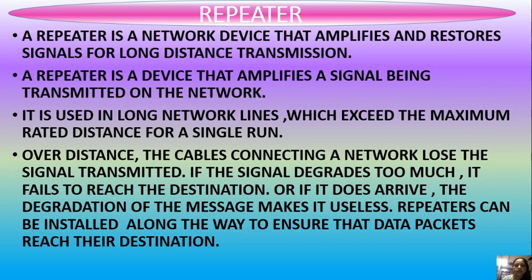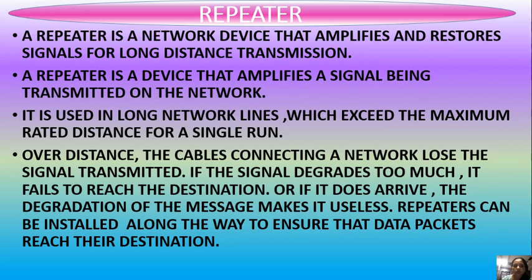Now again there are some points related to repeater. First, a repeater is a network device that amplifies and restores signals for long distance transmission. Second, a repeater is a device that amplifies a signal being transmitted on the network. Third, it is used in long network lines which exceed the maximum rated distance for a single run.